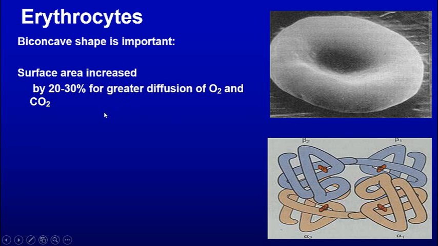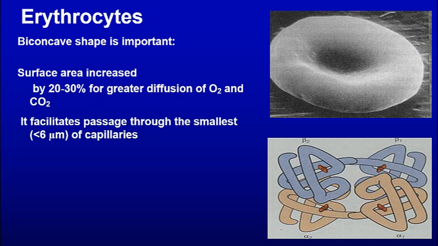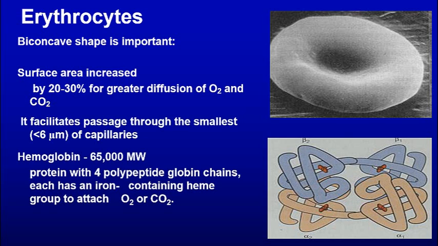Biconcave is important because it allows cells to migrate through, increases surface area, 2 to 3% greater diffusion of oxygen and CO2. Because it's thin, these gases don't have to travel far to get to the hemoglobin. It facilitates passage through small capillaries smaller than they are.